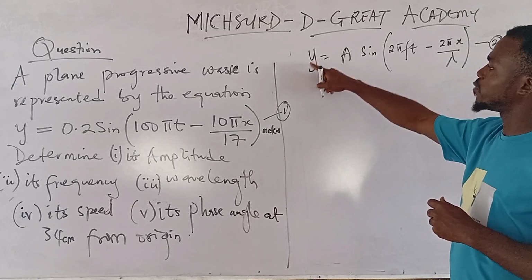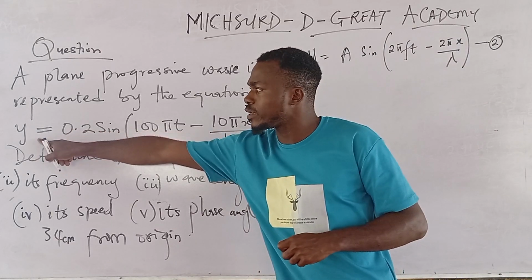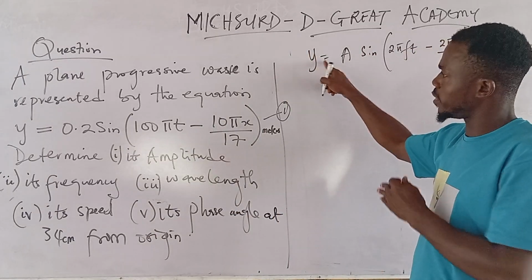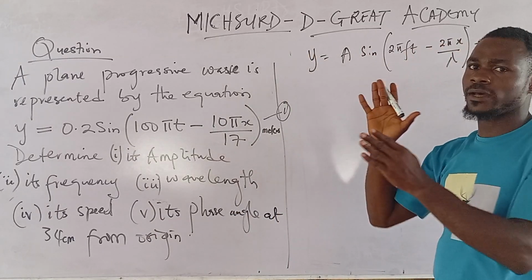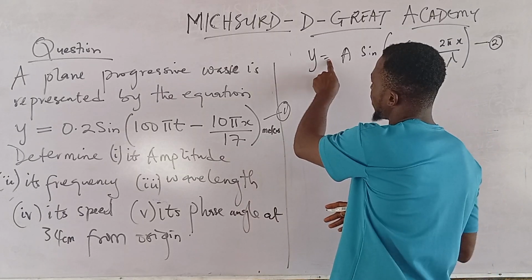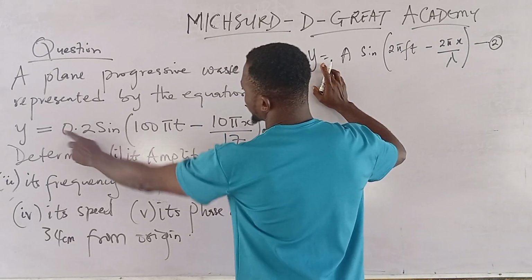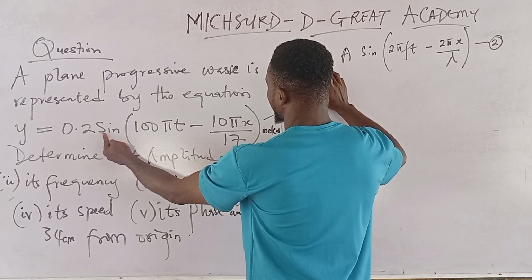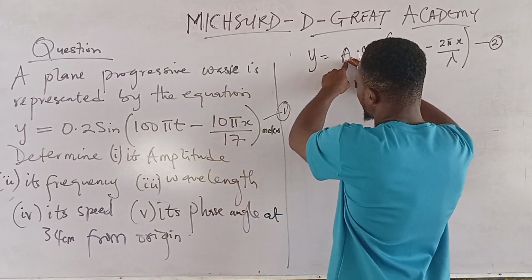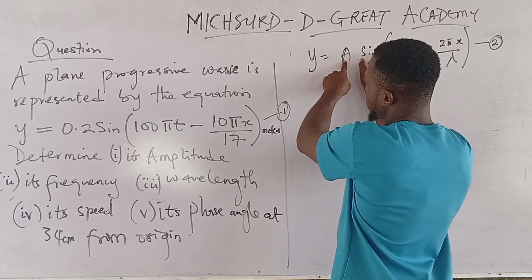Equation 1 is y equal to 0.2 sin(...), and equation 2 is also y equal to A sin(...). When you compare and evaluate, you will see that after the equal sign, we have 0.2 before the sine function, and here we have A before the sine function.